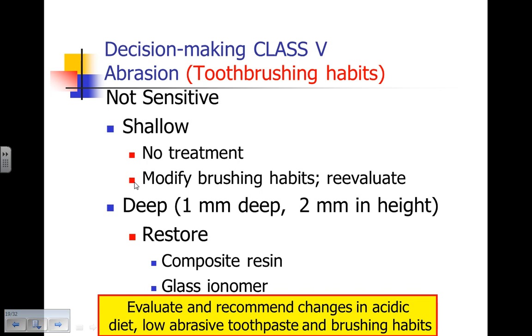We'll make recommendations to the toothpaste used. In deeper lesions, 1 millimeter deep, 2 millimeters in height, we're going to consider restoration with composite resin and glass ionomer. Once again, as we did with dental erosion, we're evaluating and recommending changes in acidic diet, low abrasive toothpaste, and brushing habits.